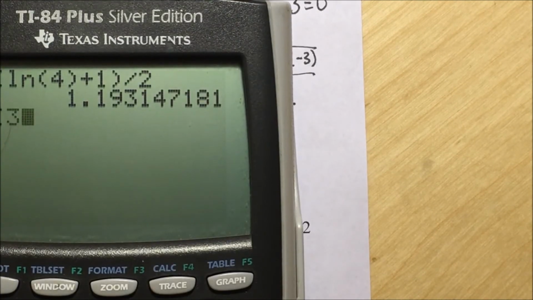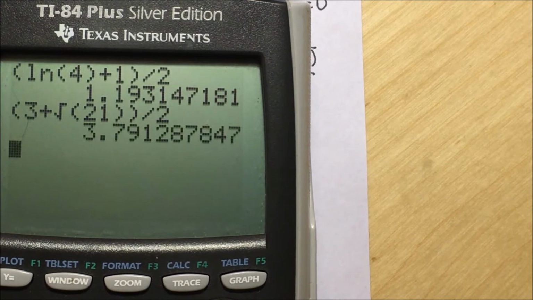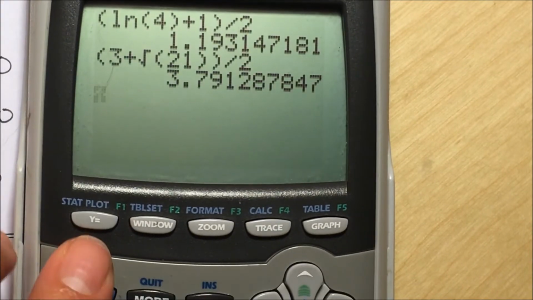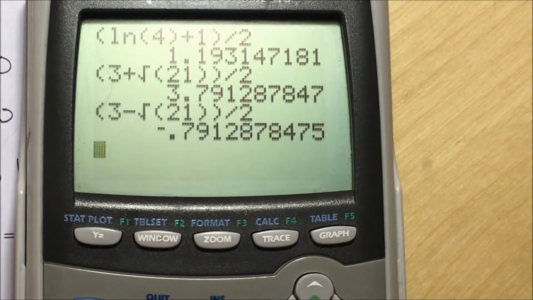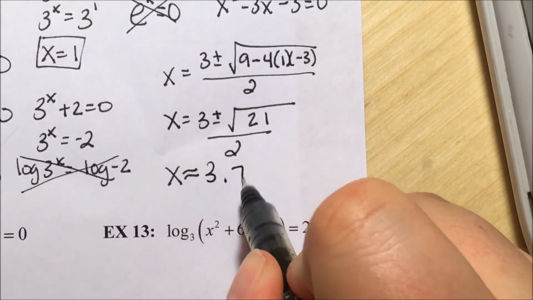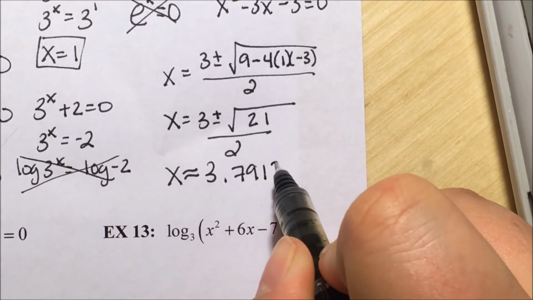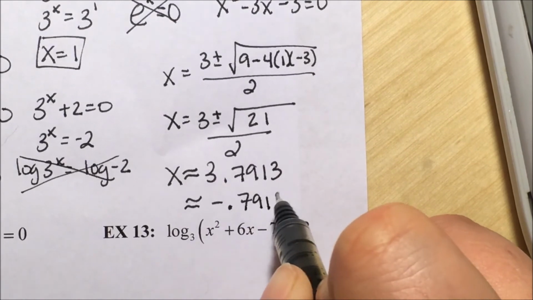So 3 plus square root of 21 divided by 2. There's our first solution, and then same thing, but minus. There's our second solution, rounded. So approximately 3.7913, or negative 0.7913.